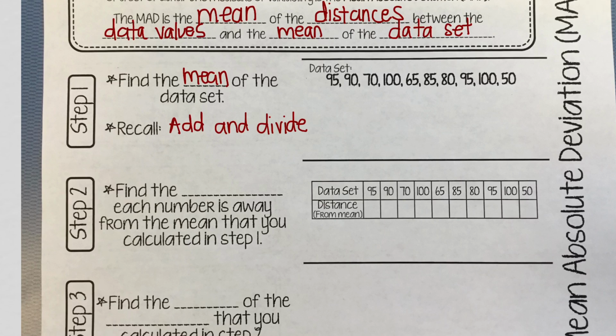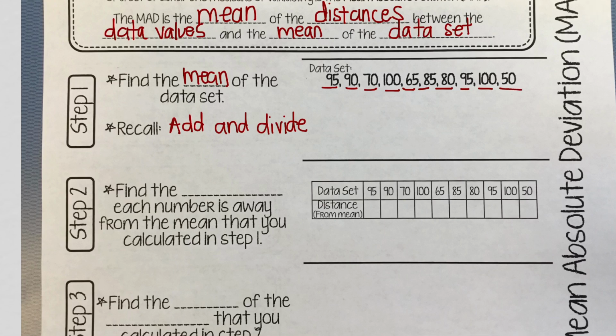So get out your calculator. Okay, put in 95 plus 90 plus 70 plus 100 plus 65 plus 85 plus 80 plus 95 plus 100 plus 50.